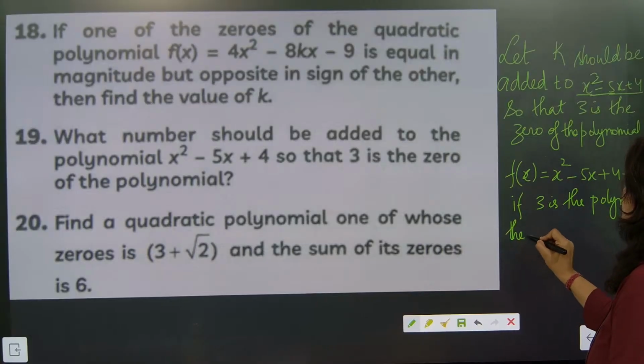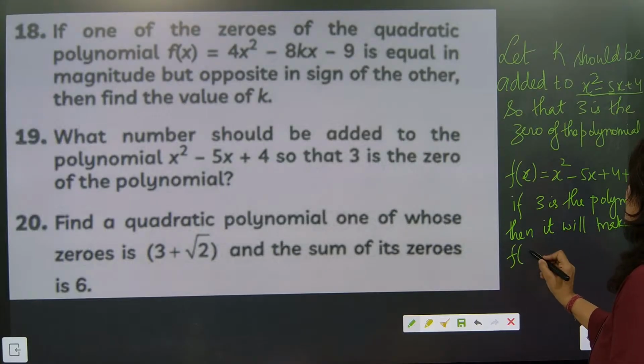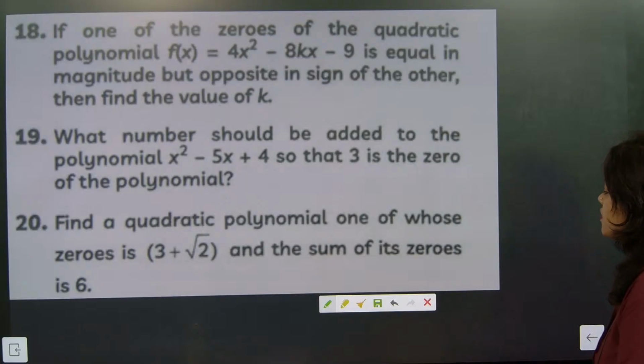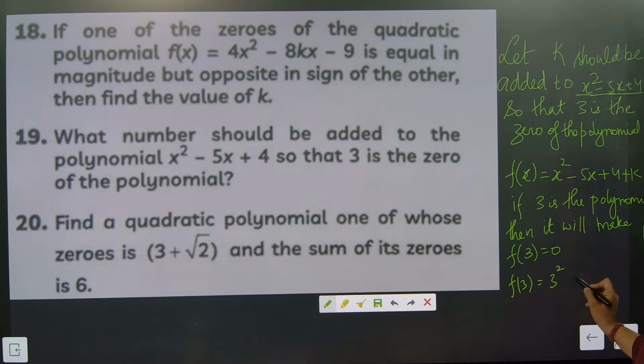Then it will make f of 3 equal to 0. So what answer are we going to write here? f of 3 equal to 0. So here we will substitute f of 3. It will become 3 square minus 5 into 3 plus 4 plus k equal to 0.